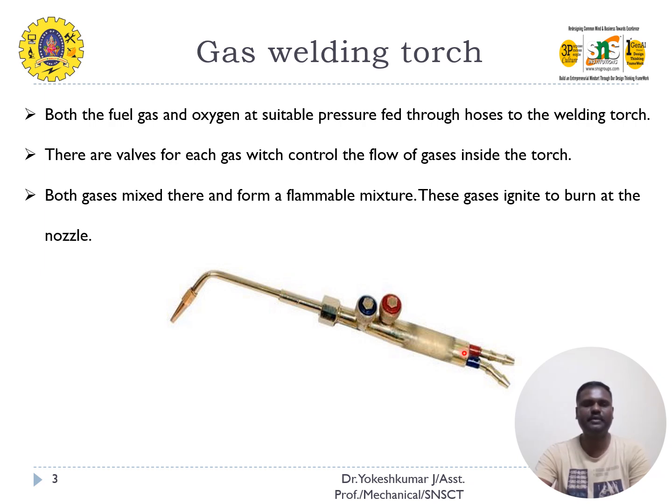Here we can mix both the fuel gas and the oxygen at the suitable pressure, and it is used to control the flow rate also. So it is always provided with a valve to control the flow of gases. At the end of the welding torch we have a nozzle where the two mixed gases are expanded. Usually we ignite at the end of the nozzle, which creates a flame.